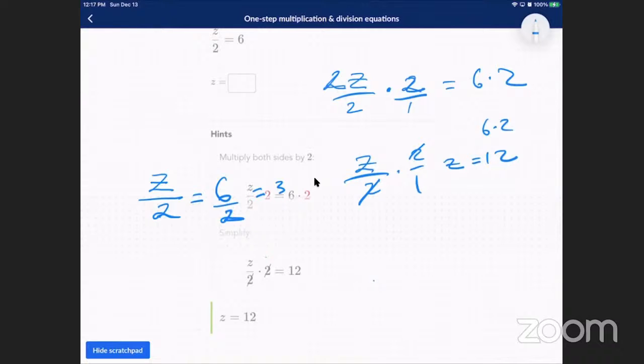Then we would know that 9 times 6 would be 54. And then we would know that 9 times k over 9 is 9k over 9, but we would cancel that out. And then we would end up with just k equals 54.